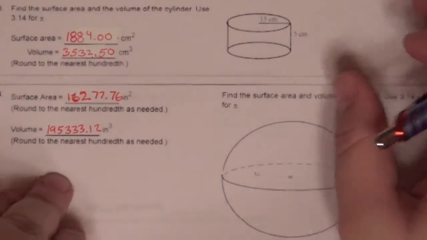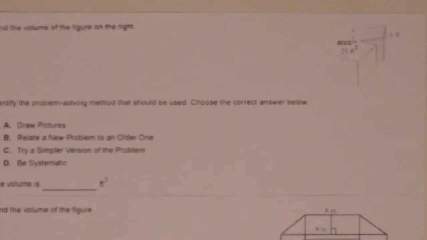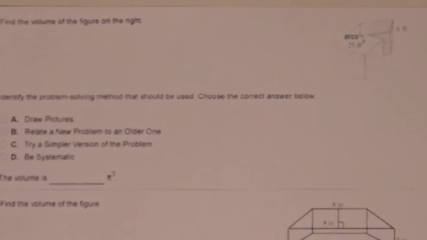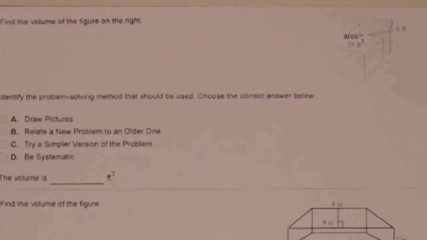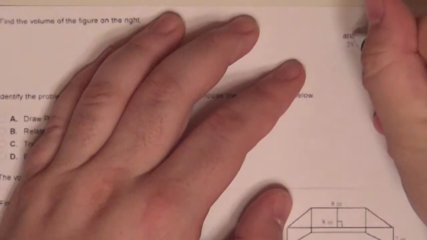Now what we are going to spend some time on is this. I apologize that you can't see this picture very well. Let me see if I can make it a little bit darker while I'm talking to you.